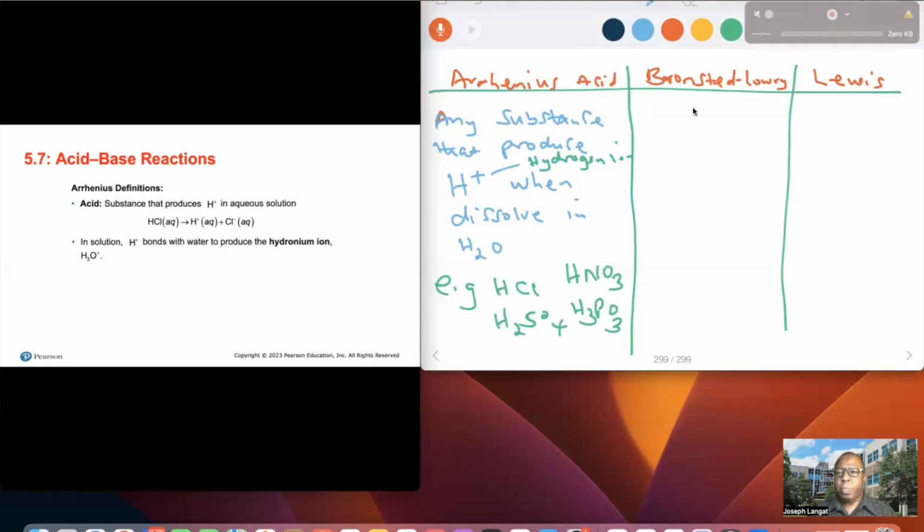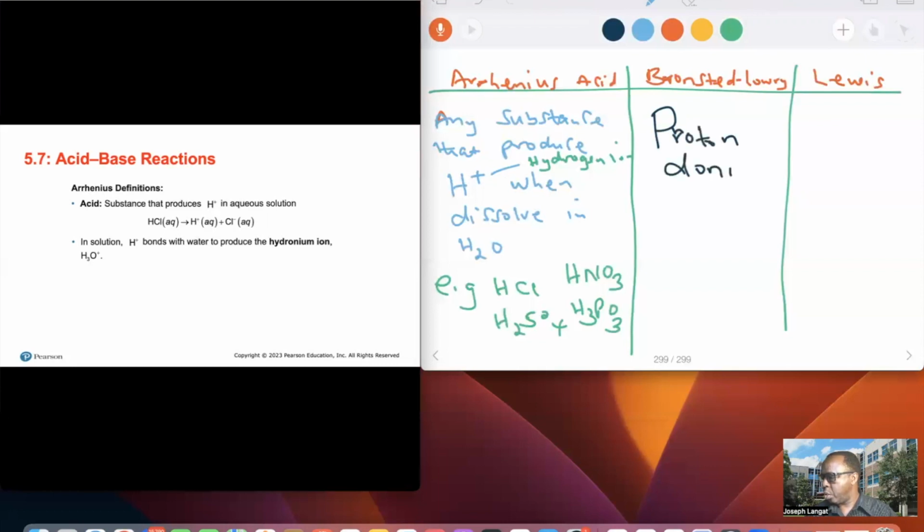There is the Bronsted-Lowry definition of an acid. This is simply a proton donor. Sometimes you'll see in an exam, how do you define a Bronsted-Lowry acid?